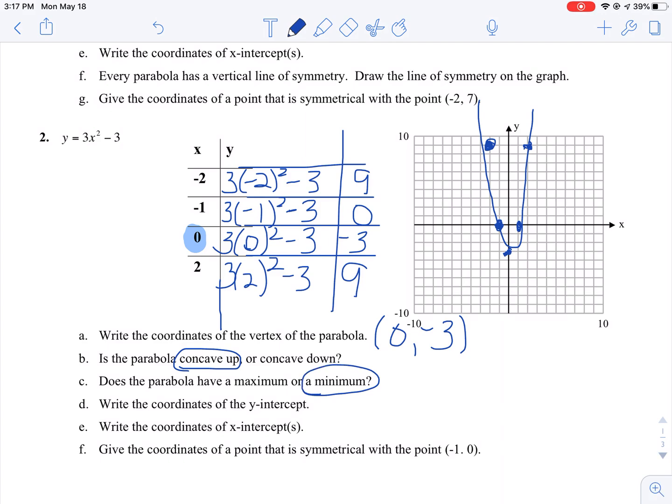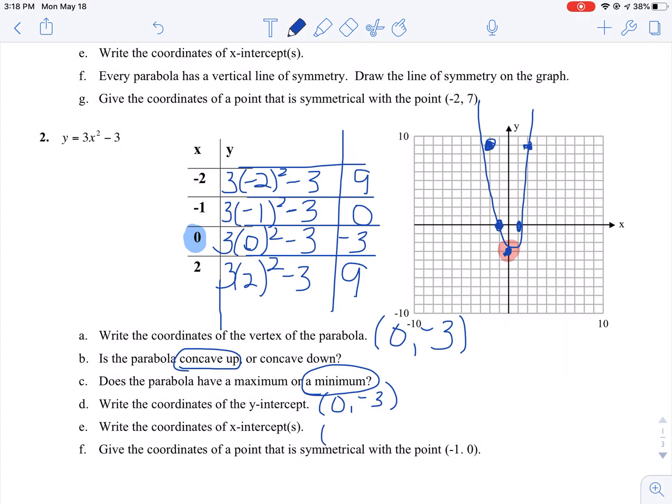That's what that means. Write the coordinates of the y-intercept. This is the y-intercept down here, where I'm highlighting in red. Where the parabola crosses the y-axis, that's your y-intercept. So the x-coordinate is 0, so you'd have 0, negative 3 there. And then write the coordinates of the x-intercepts. There are 2 of them.